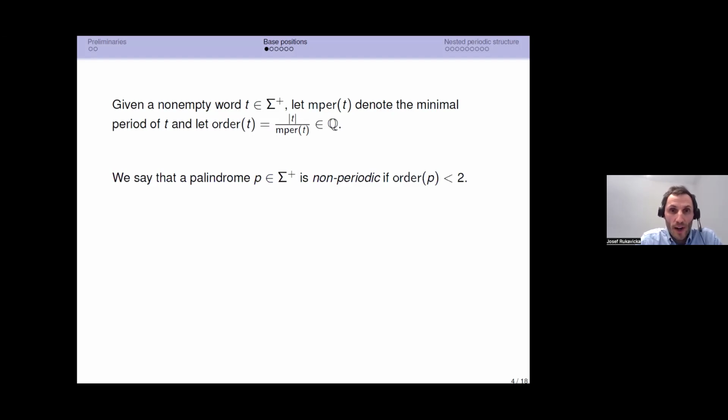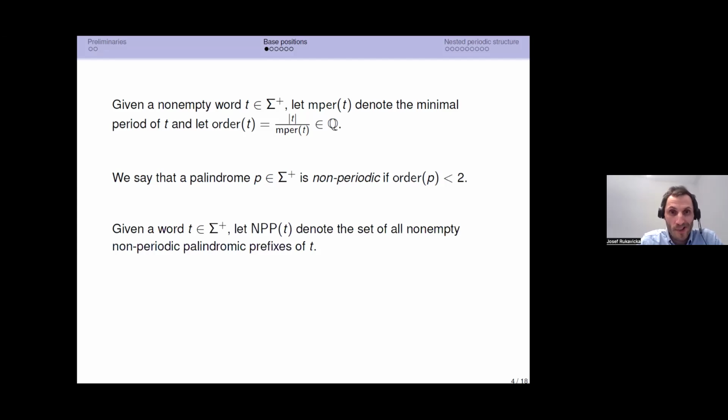Then I define that a palindrome is non-periodic if the order of the palindrome is strictly lower than 2. This definition, as it is presented in this way, is new. I've never seen this definition. This is my invention, but I think there is nothing complicated about it. Then for the given word, I define the set NPP.